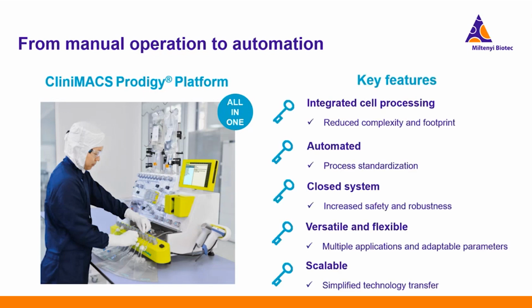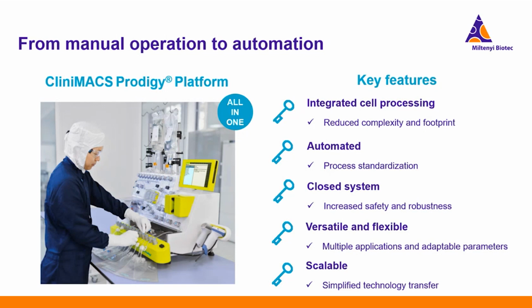The CliniMACS Prodigy platform is an integrated cell processing platform that reduces complexity and footprint in the manufacturing procedure. It is an automated platform which helps with the process standardization. The platform and the manufacturing is implemented in a closed system to help increase the safety and robustness of the process.